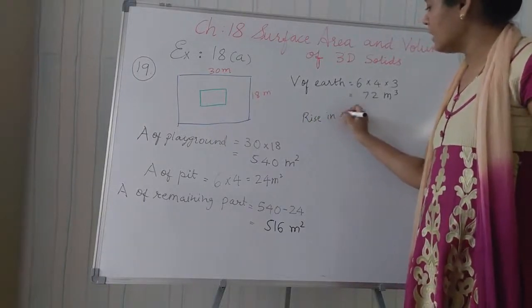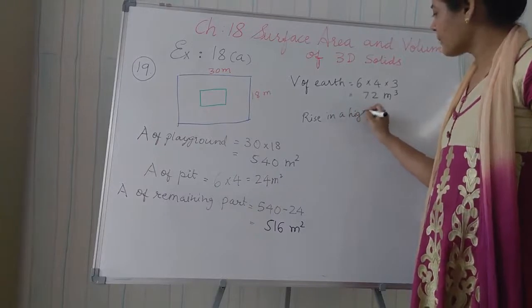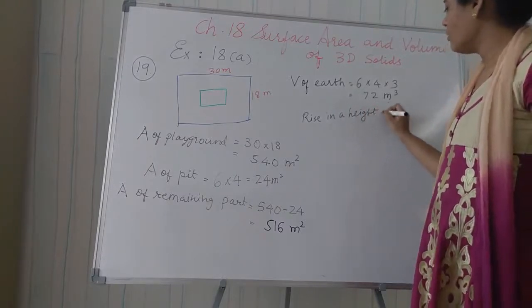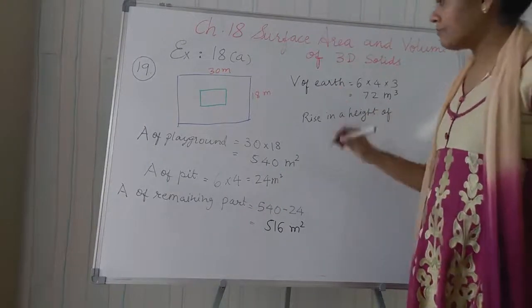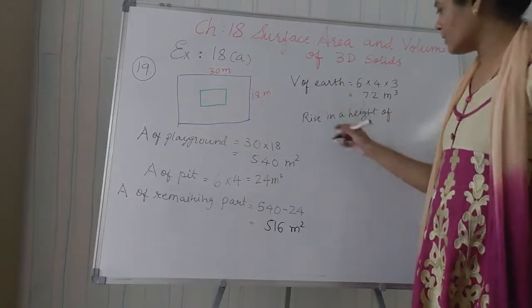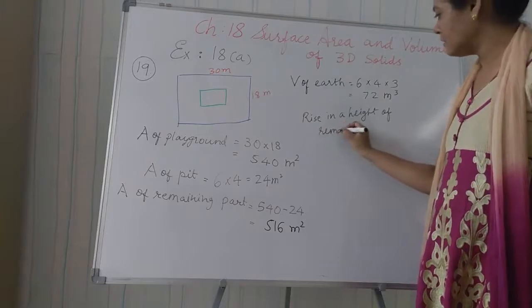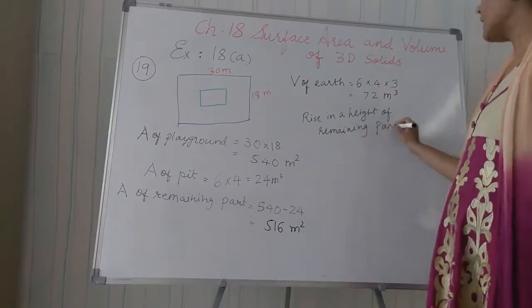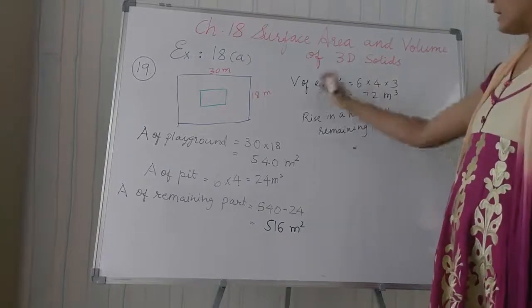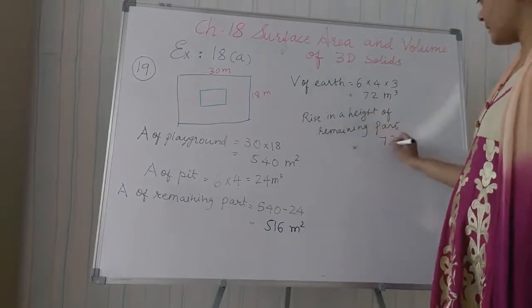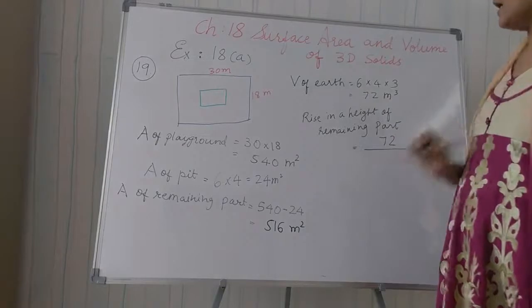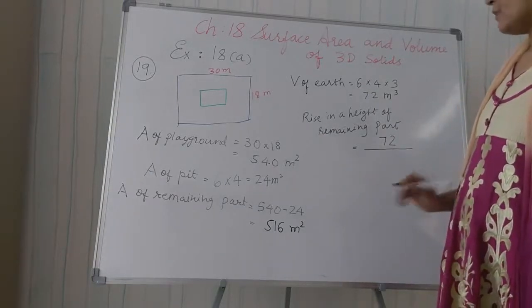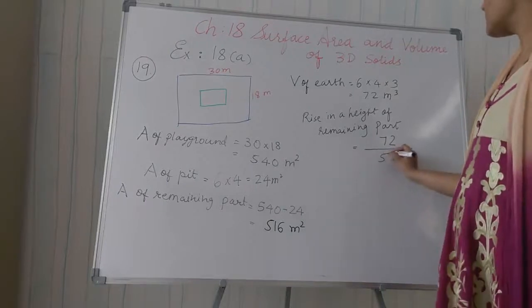Now we write here the rise in height of this remaining part. For that, I will take this volume of the earth divided by the area of the remaining part, that is 516.